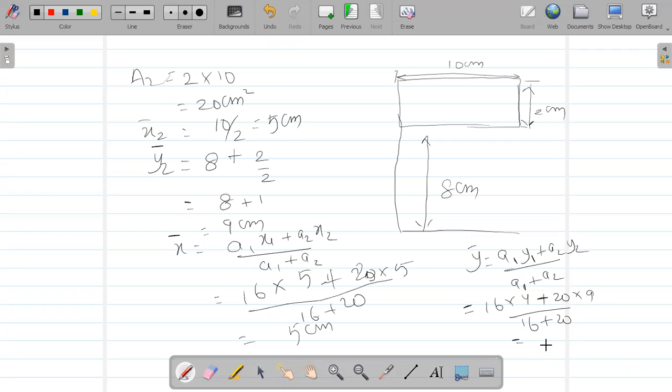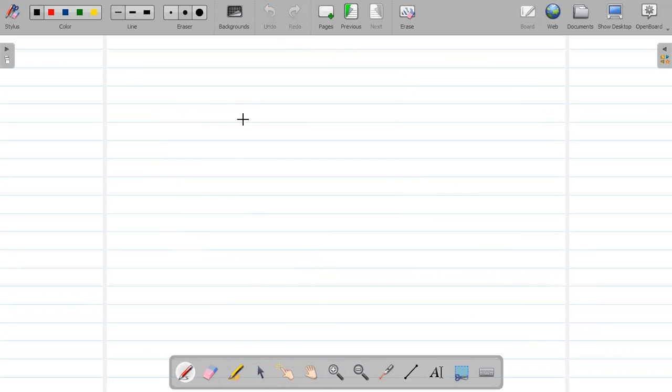What will be the answer? What is the answer you have got? 16 into 4 plus 20 into 9 divided by 16 plus 20. What is the y bar you are going to get? 6.7. Yes, so y bar is 6.77 centimeter.